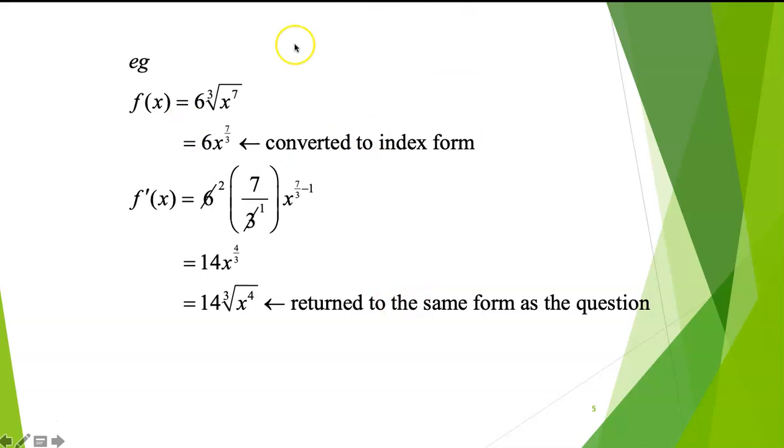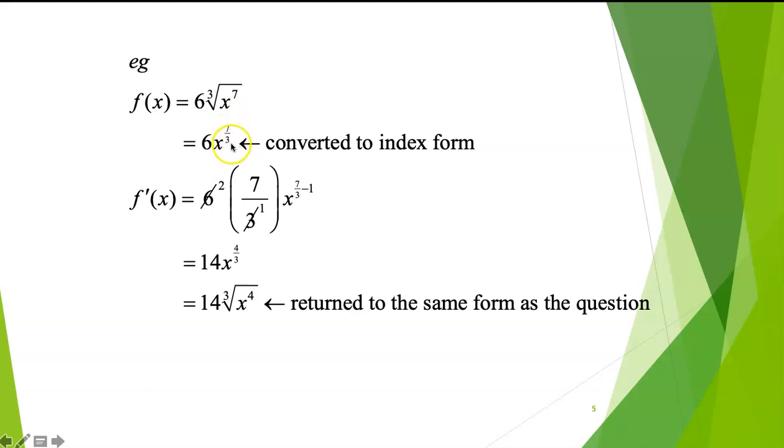Now this one here, you've got fractions. This one is in surd format, so you rewrite it in index format first. You notice I have not differentiated anything yet. I'm just preparing my function to be ready for differentiation. So far, just remember that the root means 1 over 3, a fractional power, so rewrite it as an index, which will be 7 over 3.